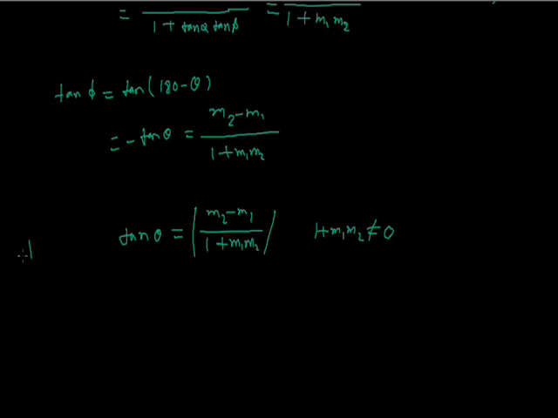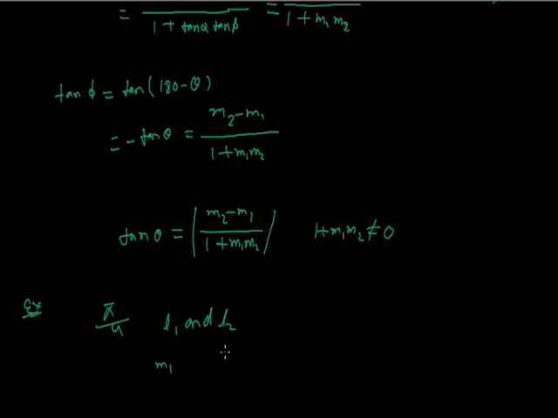Now, for example, suppose the angle between two lines is pi by 4 and the slope of one of the lines is 1 by 2. Suppose there are two lines L1 and L2.